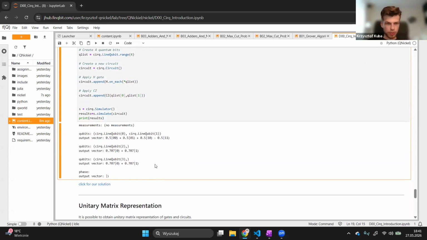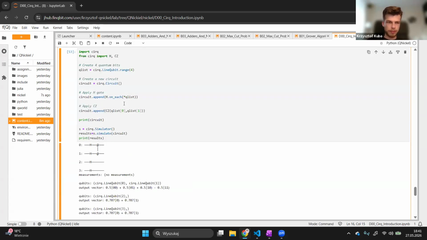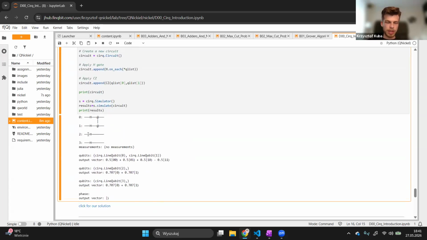And let's see the result. So the first one, we have the output vector of the first and the second qubit. Maybe it's better to print the circuit to see what we are working with. Based on that, we should see that those two are somehow interconnected.